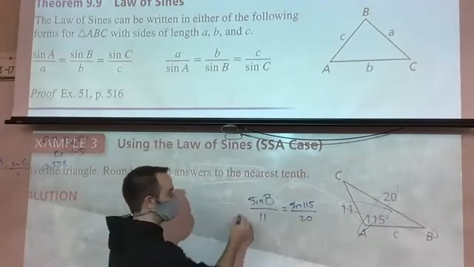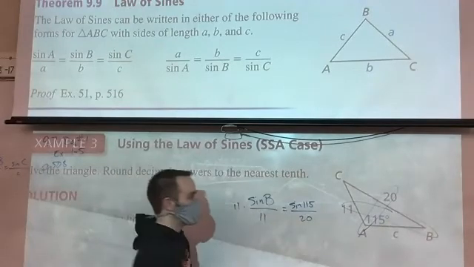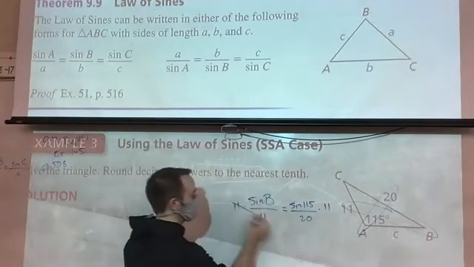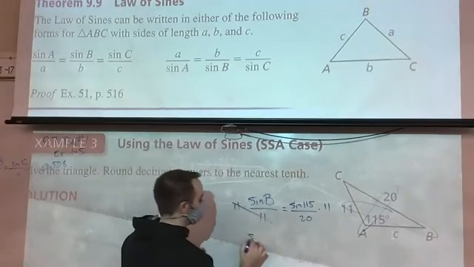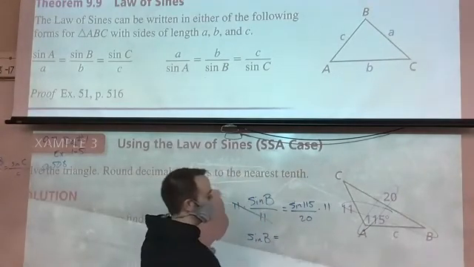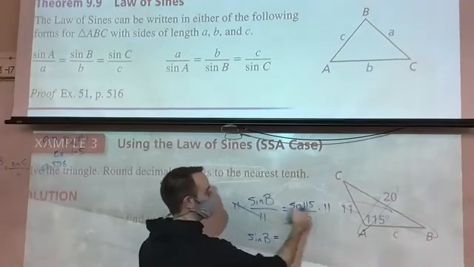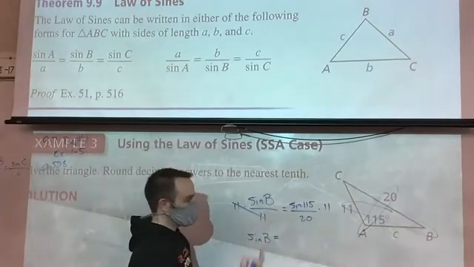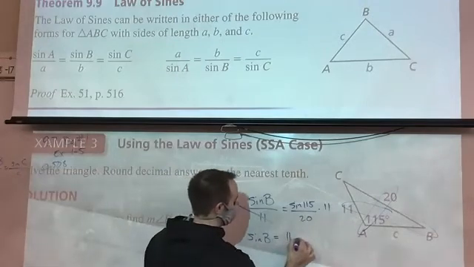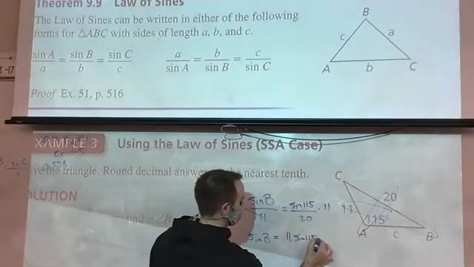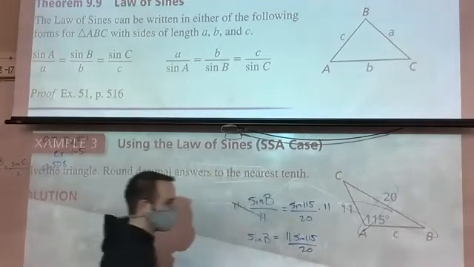I'm going to multiply both sides by 11. That's going to get that sine B by itself. And then over here, multiply that 11 on the top, not the bottom, just the top. So that's going to give me 11 times the sine of 115 over 20.